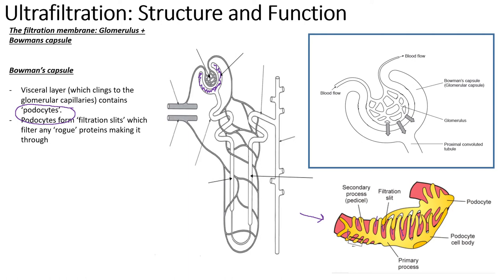Now, that's a super zoomed in version. You'd only see that, it's essentially microscopic, and it's not letting big things through. So that's one of the other structural features of the Bowman's capsule that allows for ultrafiltration. So before I move on to selective reabsorption, I'll summarise the structural features that allow ultrafiltration to happen.